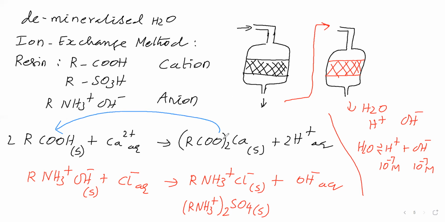H plus ions. So add dilute sulfuric acid. What happens is this H plus replaces these calcium ions. Now, instead of dilute sulfuric acid, better we can add dilute HCl.